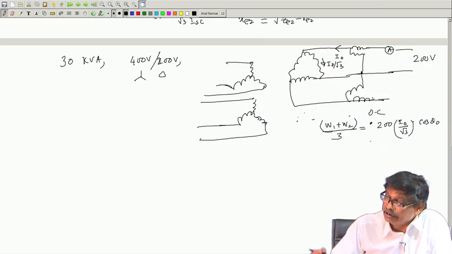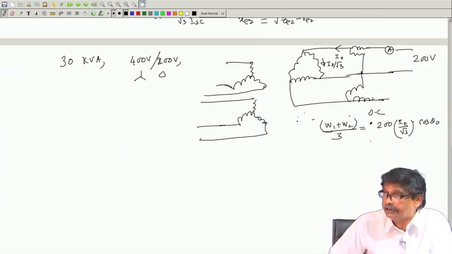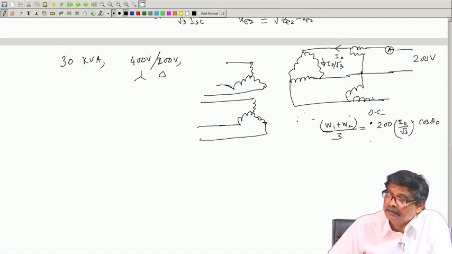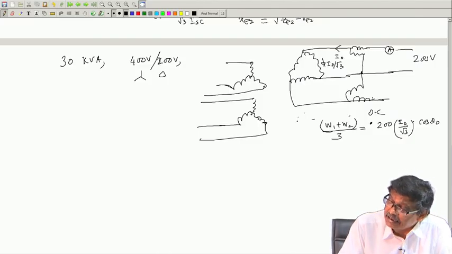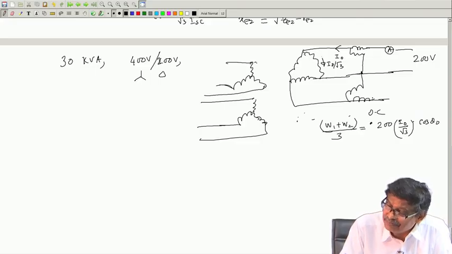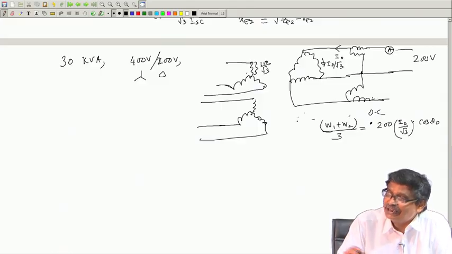Then I calculate I naught by root 3 sin theta naught to get the magnetizing current, and while drawing the equivalent circuit I refer to this side, 200 volt. Only thing is, in that case the turns ratio will be 200 by 100 by root 3, that you must understand.